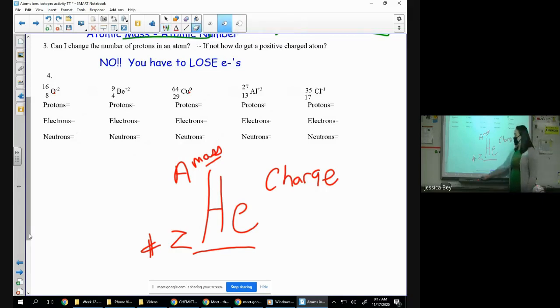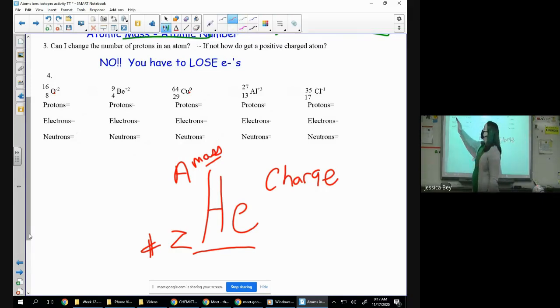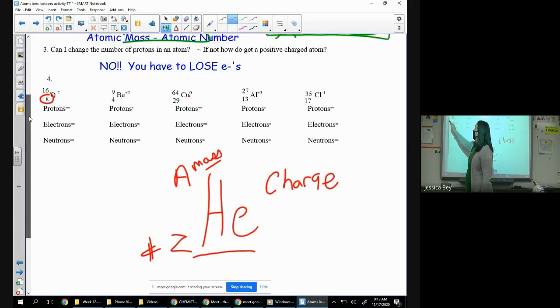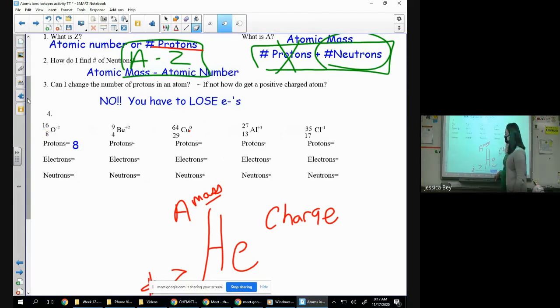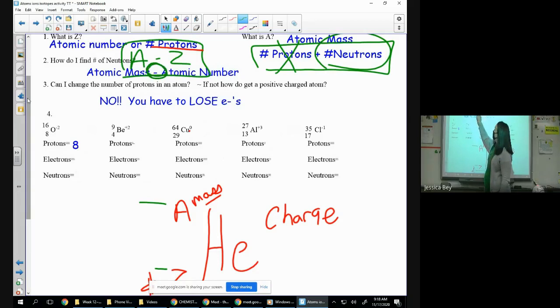What is the first thing I can fill in? Z always tells you the number of what? Z tells you the number of protons. So let's just go ahead and take 8 and put it right there. Now, if this is the atomic mass and this is the atomic number, we said we want to do what with those numbers to figure out the number of neutrons?